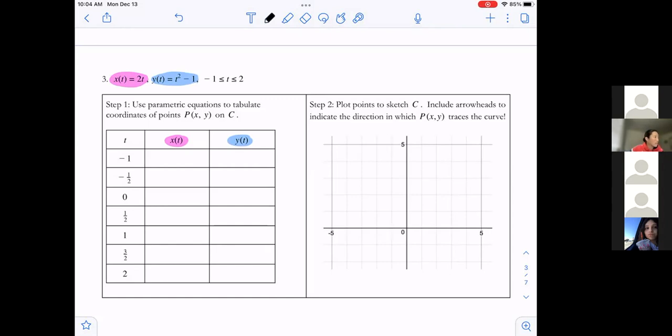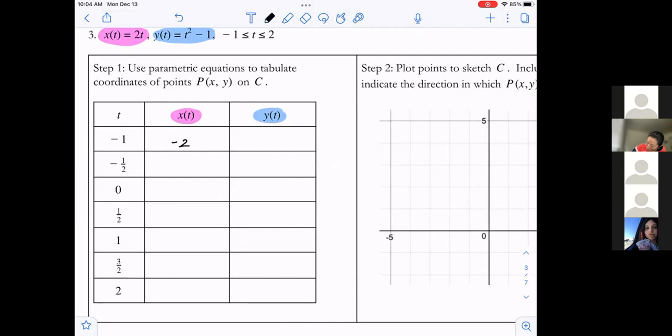Right, let's see what we got here. -2, -1, 0, and 1.